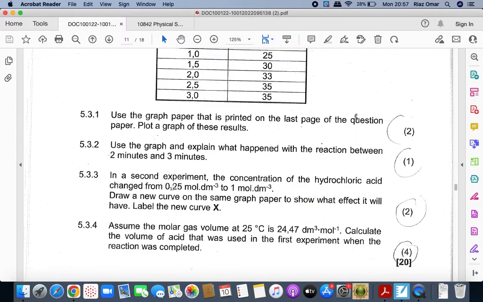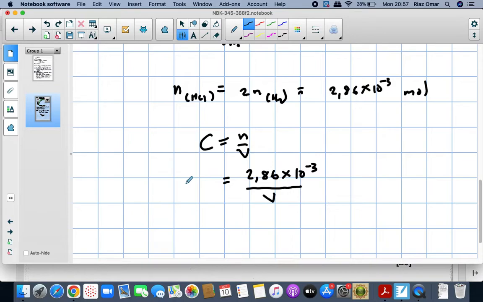There we've got it. Right, and if you have to work out V, you can say V is equals to 2,86 times 10 to the minus 3 divided by 0.25, and that will give us a volume of 0,11 dm cube.